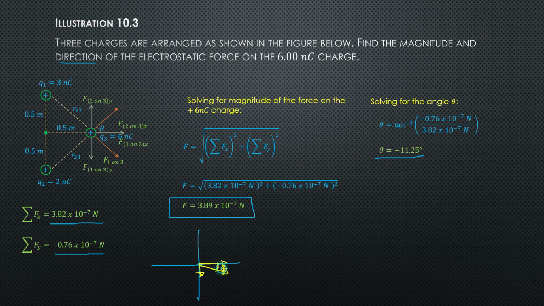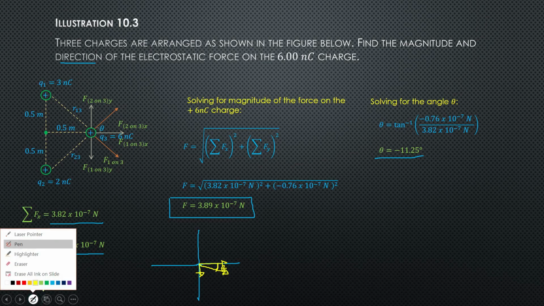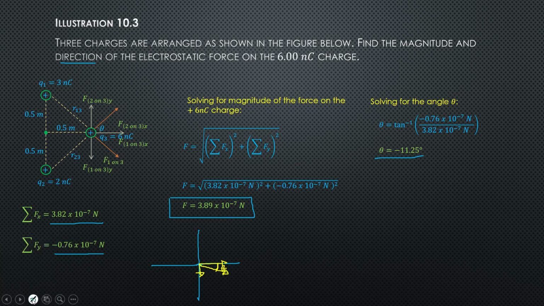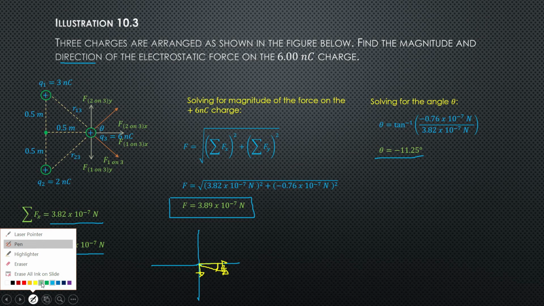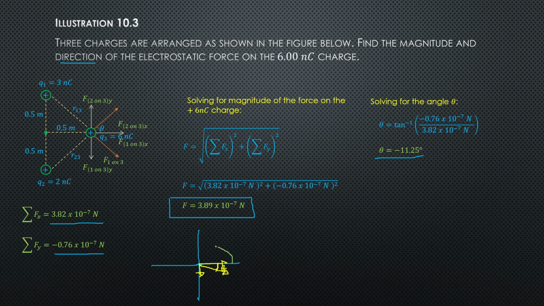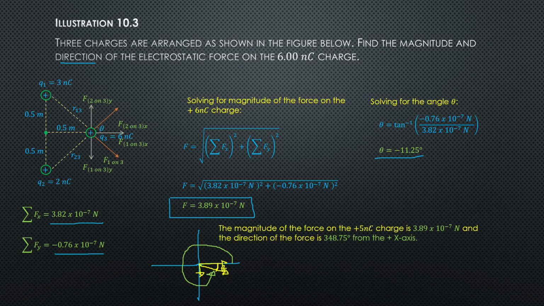But we are still considering the angle from the positive x-axis to that force, so we add 360 degrees to this value to get 348.75 degrees from the positive x-axis.